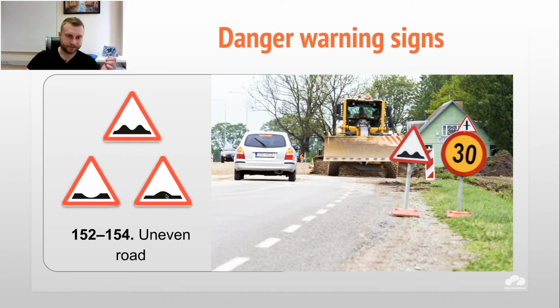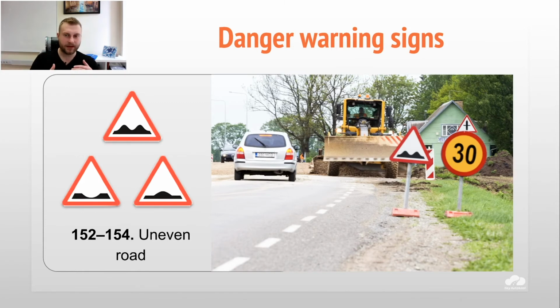And this one means also asphalt was straight, but something made this asphalt move up. For example, tree roots. Maybe you saw, if you go somewhere outside of Tallinn and you drive near the forest on some old roads, you can see that big roots are growing into the asphalt with time.